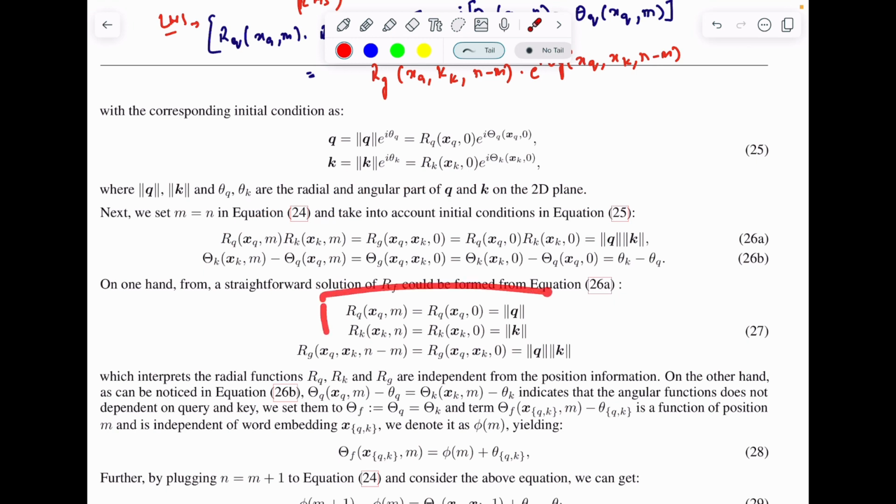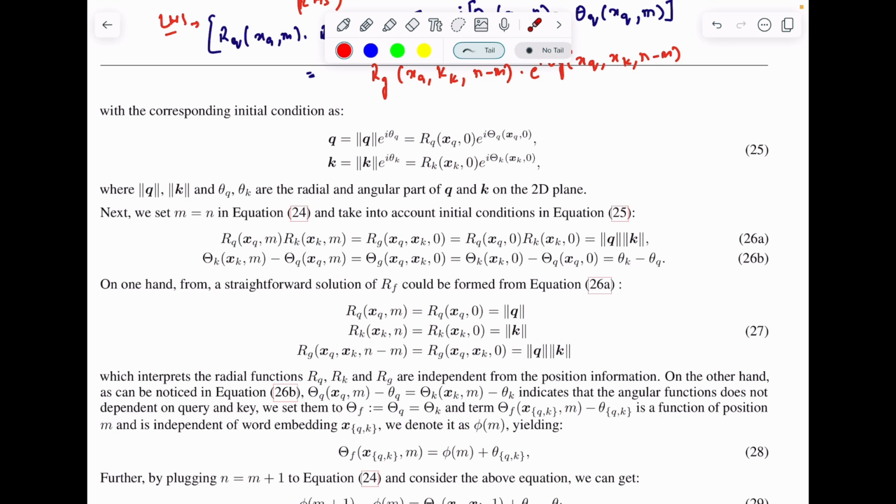So that's what they did here. Similarly, you can have the Rg value being equal to this particular number, which again comes out to be the product of this. Now, what does this mean? We are solving certain equations. What does this mean?